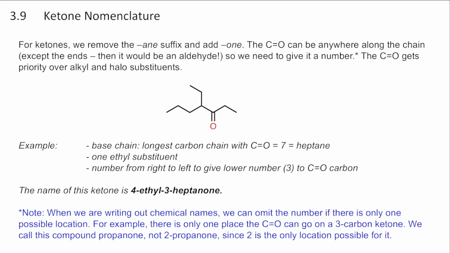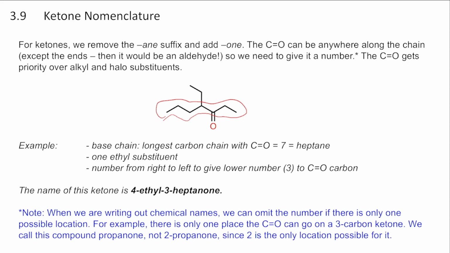Ketones are when you have a carbonyl group with carbons on both sides. These can be in different positions along the chain. So we do have to indicate the position of these along the carbon chain with a number. So what we need to do for ketones is find the longest carbon chain that has the ketone group. So it's there.